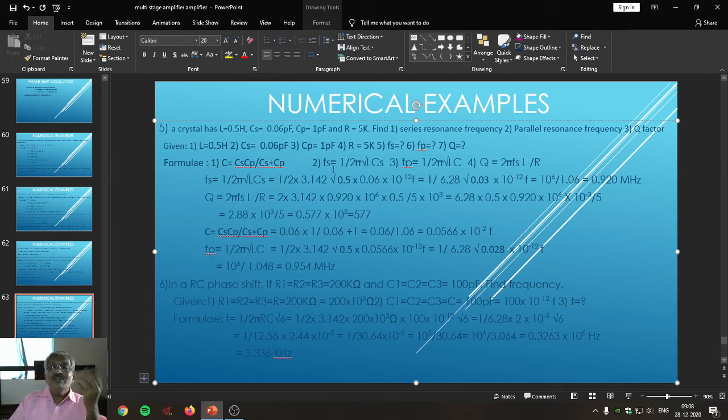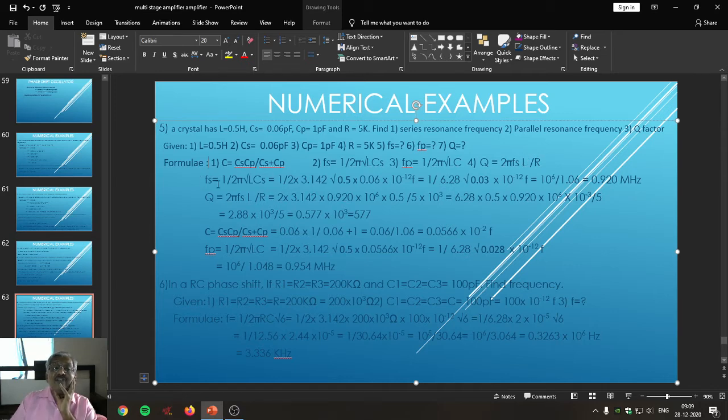We have formulas which were already derived: Fs is equal to 1 upon twice pi root of L into Cs, and Fp is equal to 1 upon twice pi root of LC. This C is the equivalent capacitor. So Q is equal to 2 pi Fs L upon R for series resonance, and for parallel resonance it is the same formula, 2 pi Fp into L upon R.